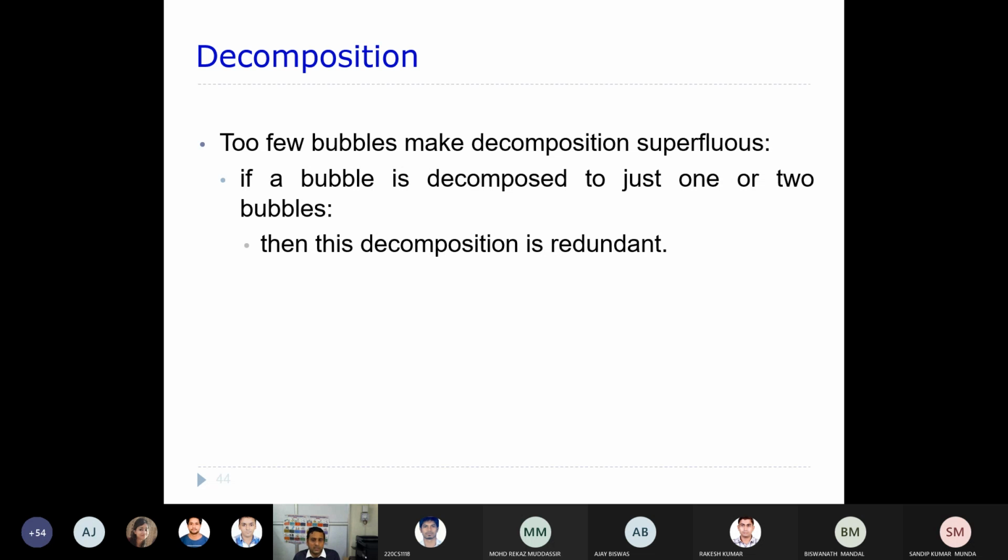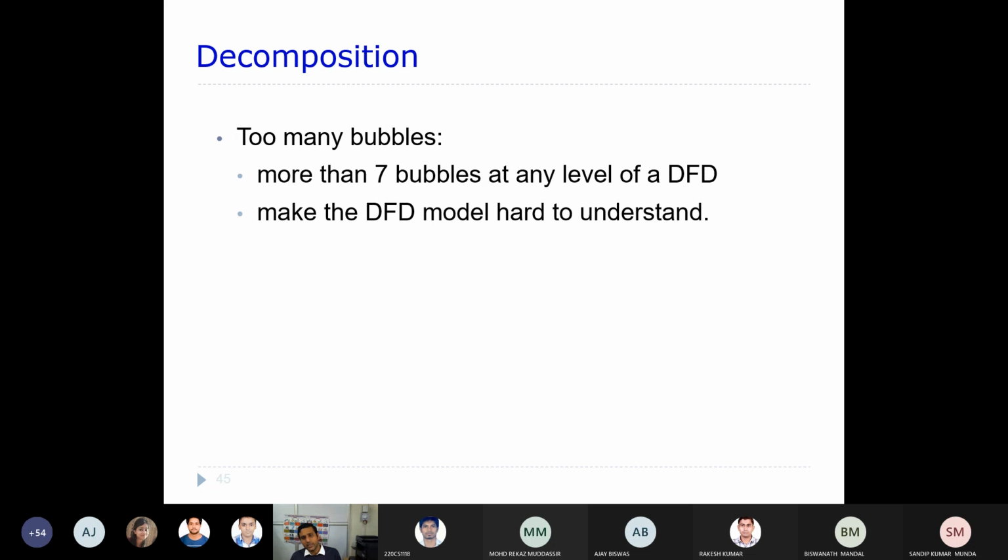There is a chance of that. If you have more than two, you can think of it as a large processing that needs a division, and dividing it looks useful. But if something is not really required to be divided and you are dividing it just to divide it, that's not good. And too many bubbles at any level of DFD make the DFD model very hard to understand.